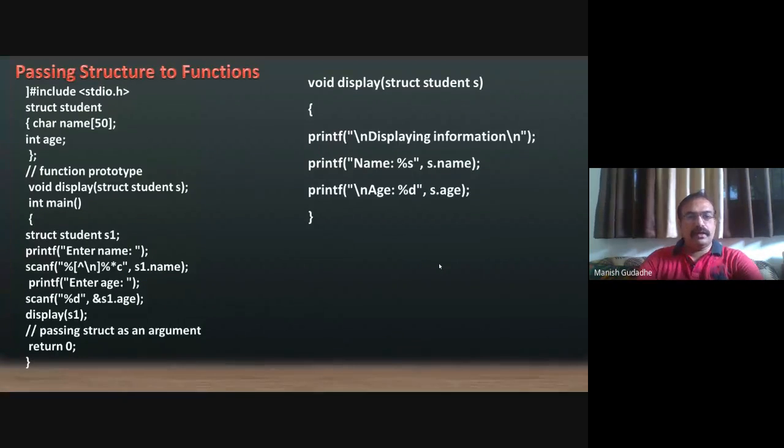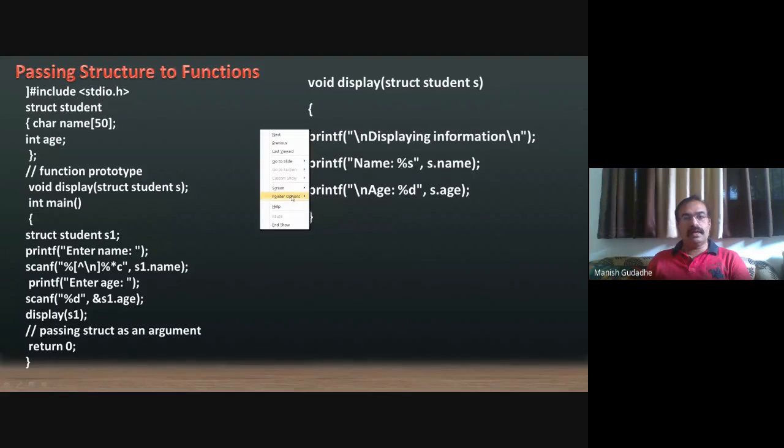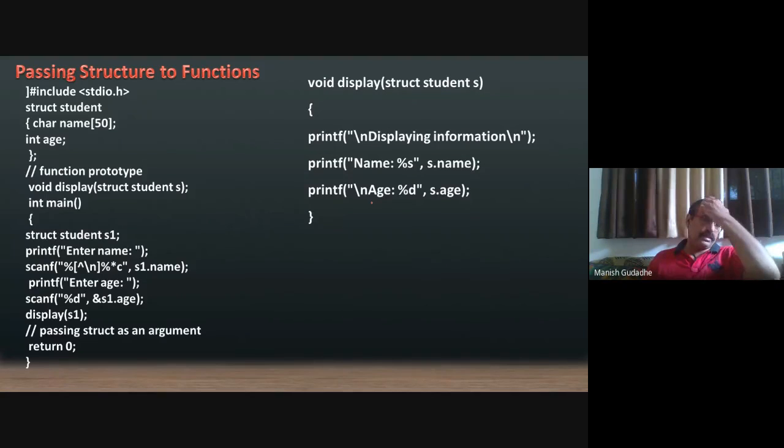Likewise, when I talk about structure as a user defined data type, and we can create variables of structure, then we can definitely pass those structures to the function as a single unit. And also we can return a structure as a single unit. How can we do that? That we'll see.